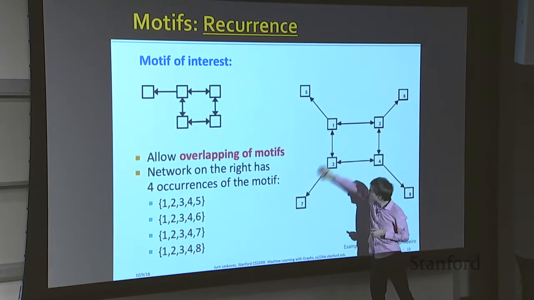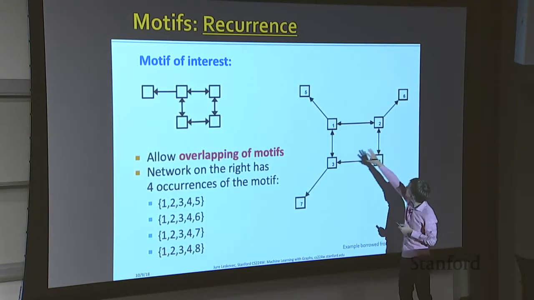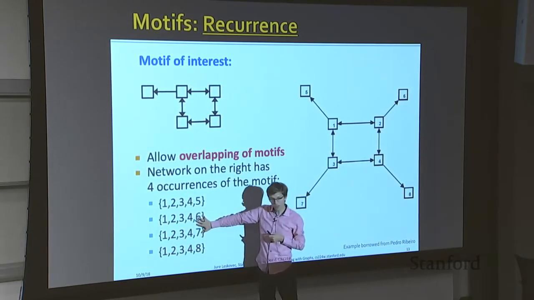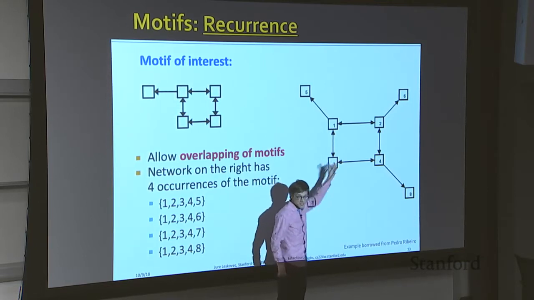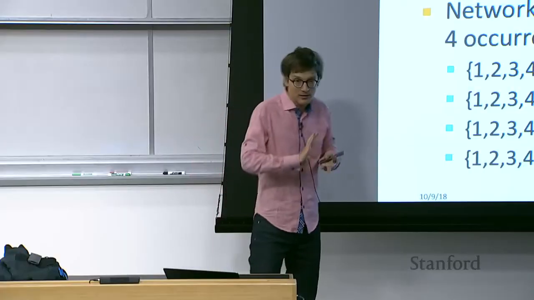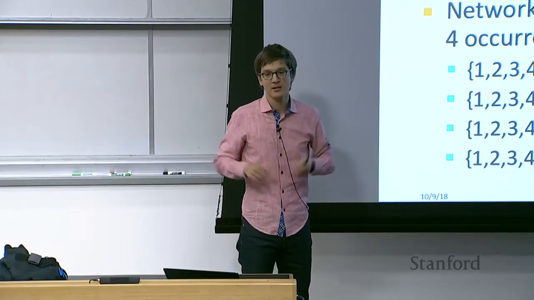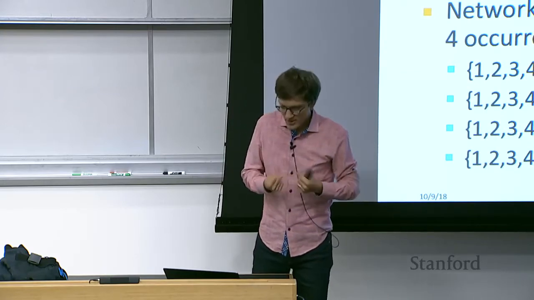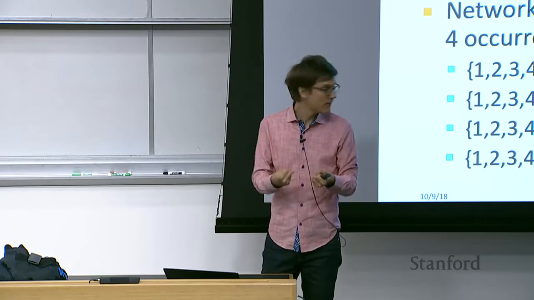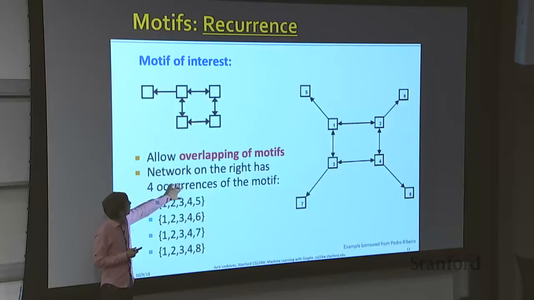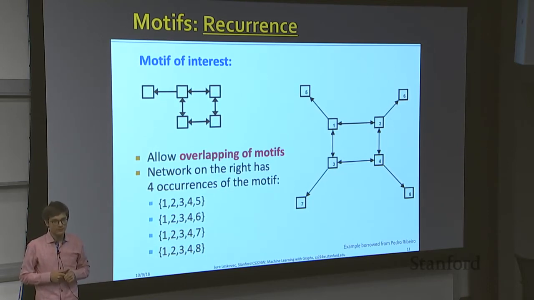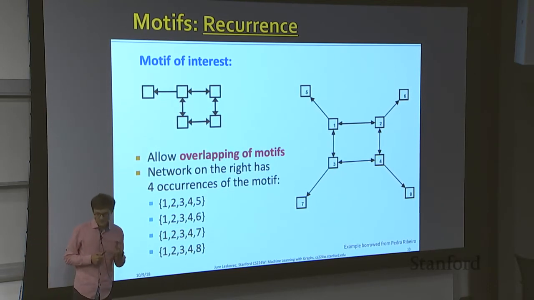So this is one instance of the motif, this is another instance, that's another one, and that's another one. So there are 4 instances of our motif of interest in this graph. Okay, so we allow motifs to overlap, but not to be exactly the same. So what we have defined so far is this notion of an induced subgraph, and a notion of an occurrence or an instance of a pattern in the network. Okay? So these are the two.